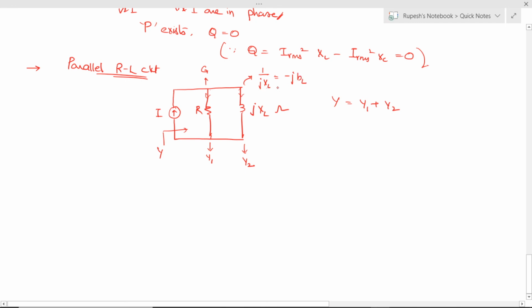So BL is 1 by XL. So here the effective admittance Y is Y1, which is G, plus Y2, which is minus J into BL. Here the effective admittance is mod Y into angle minus phi.